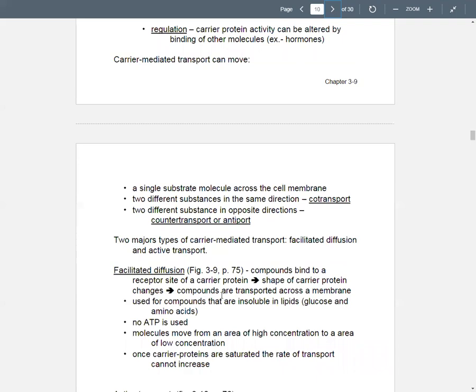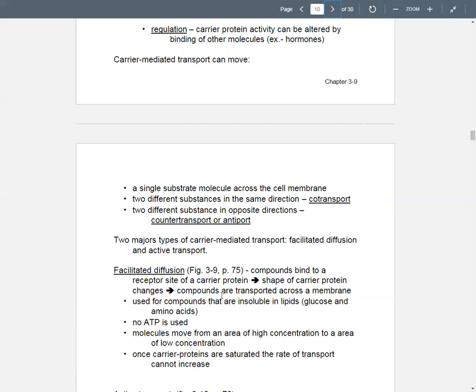So you can also move 2 different substrates in the same direction. It's called co-transport. So some carrier proteins have spots for 2 different materials, kind of like a vehicle has 2 seats.